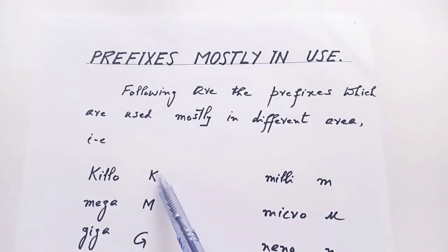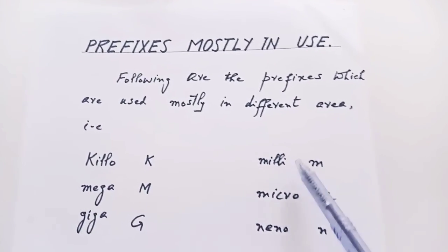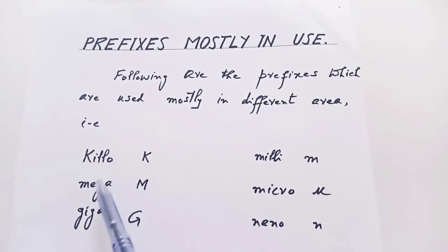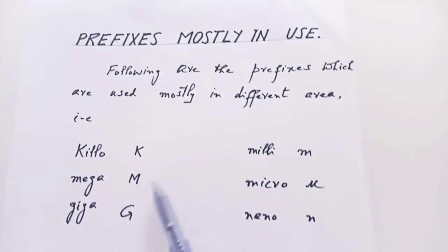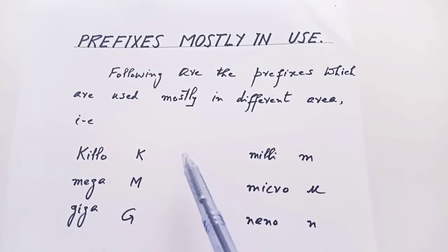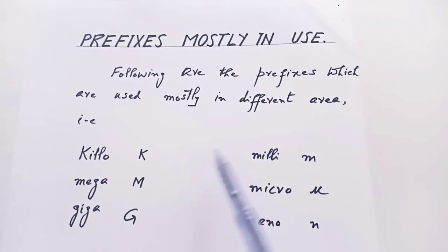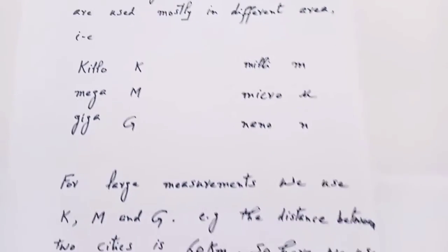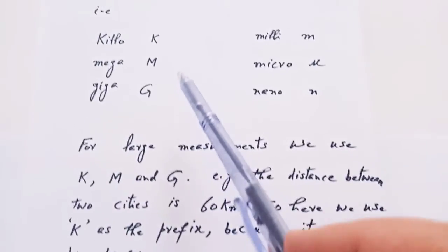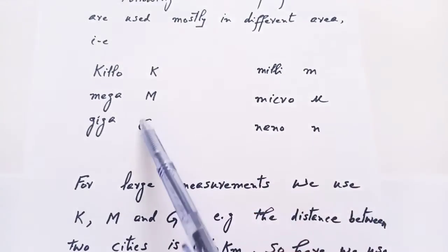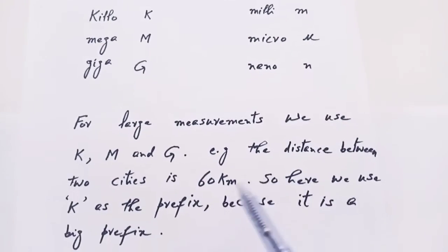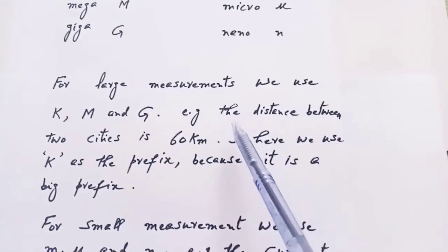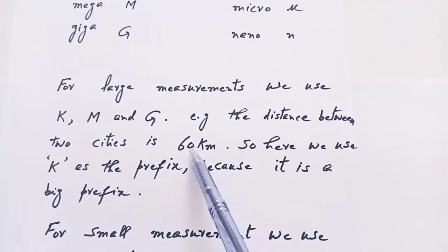Now these are the prefixes which are mostly used, for example, kilo, mega, giga, milli, micro, nano. These are the prefixes which are mostly used in different measurements. For large measurements we use these prefixes, and for small measurements we use these prefixes. For large measurements, for example, the distance between two cities is 60 km.